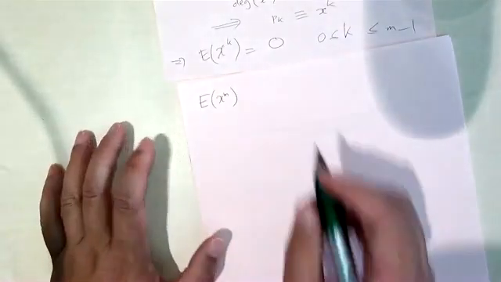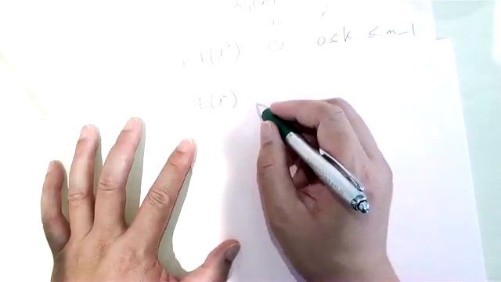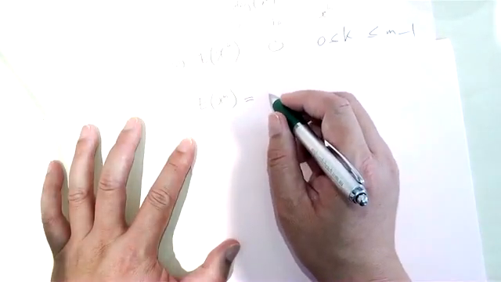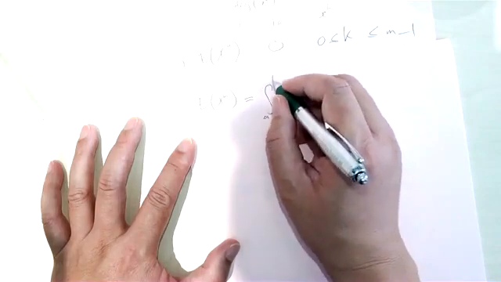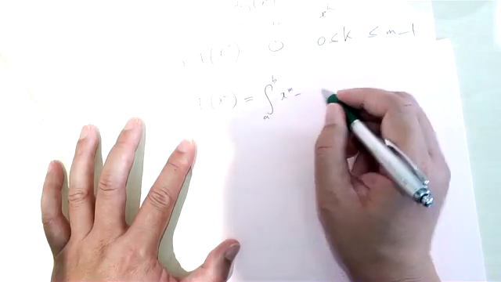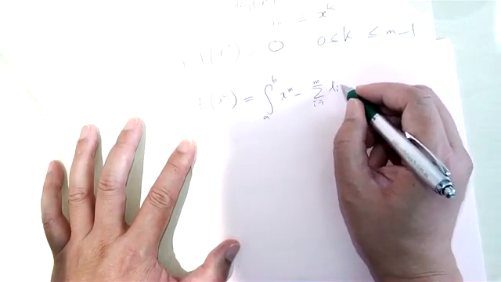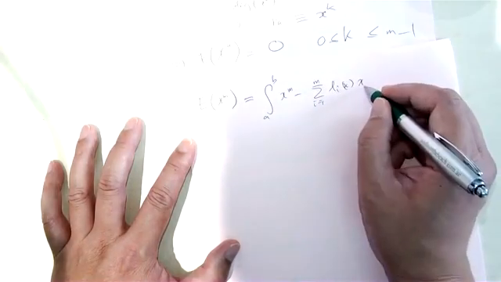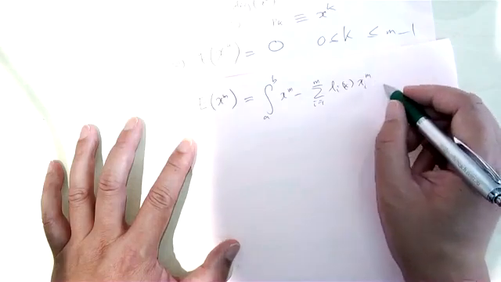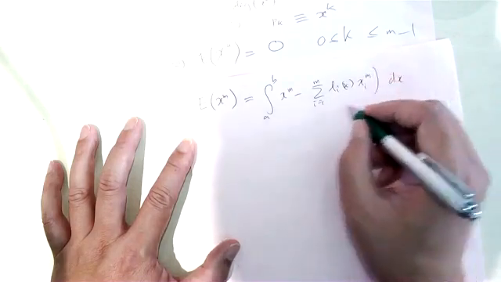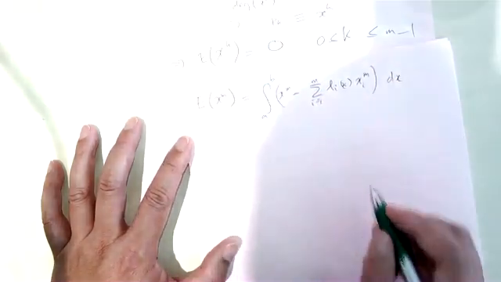I put E of x to the m, then I have the same thing here. So I have the integral from a to b of x to the m minus the sum i from 1 to m of L_i(x) x_i to the m dx. Okay.